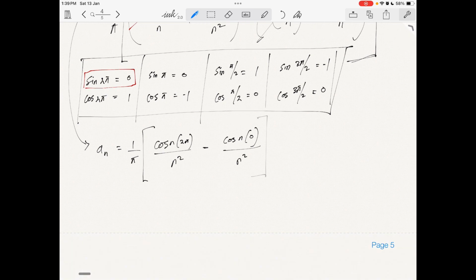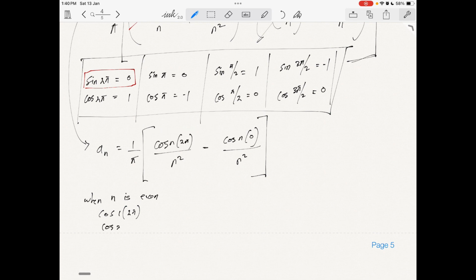Now, how do we proceed from here? We have to evaluate an when n is even and when n is odd. So when n is even, we will have terms of cos 1 2 pi as regarding this.